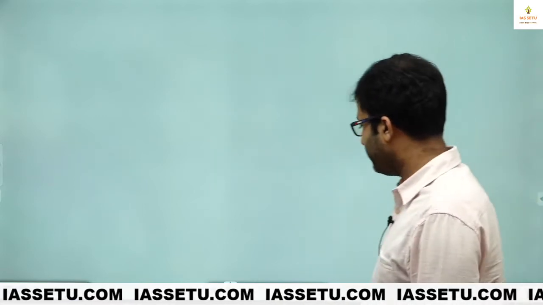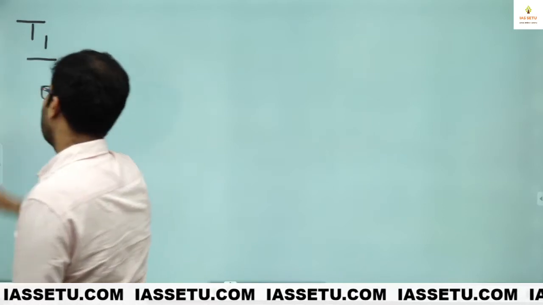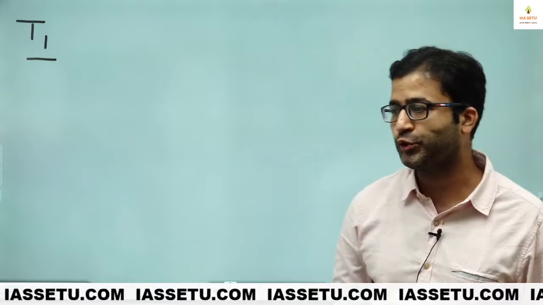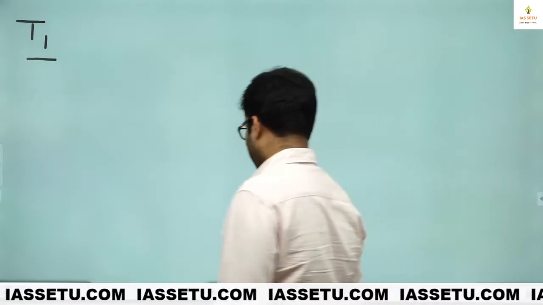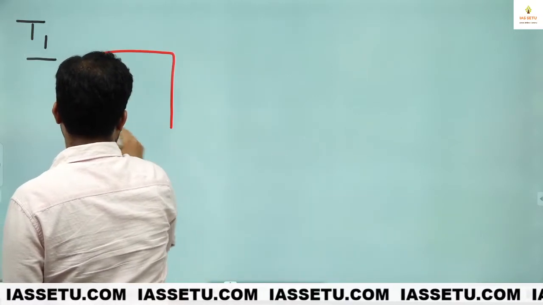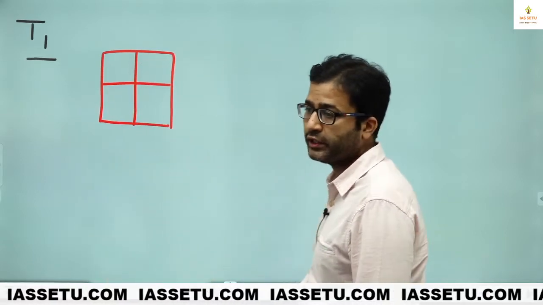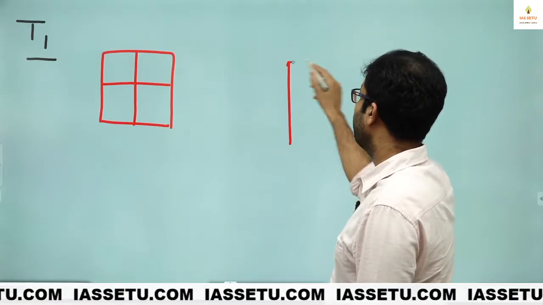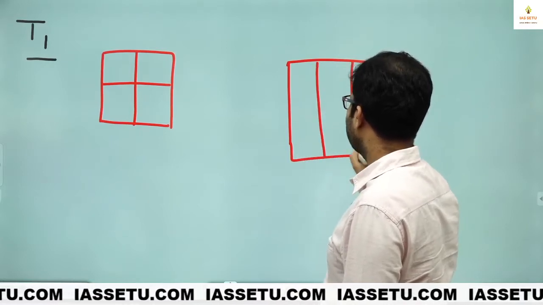So now here, what I will say, type 1 question: where the number of columns is equal to the number of rows. 2 by 2 figure, 3 by 3, 4 by 4. So that is the type 1 question we have. So this is a 2 by 2 figure, or it can be 3 by 3, it can be 4 by 4, it can be 5 by 5, or it can be 6 by 6.